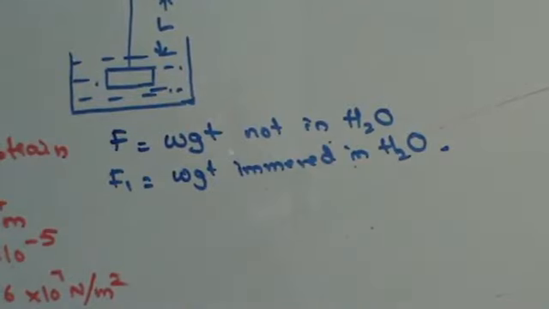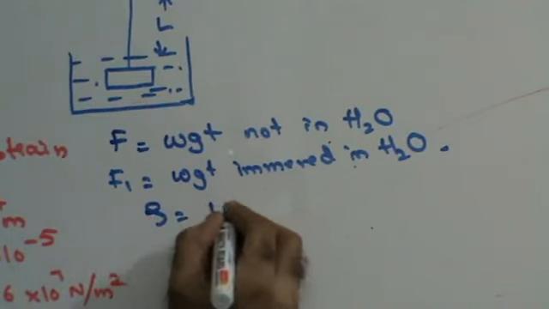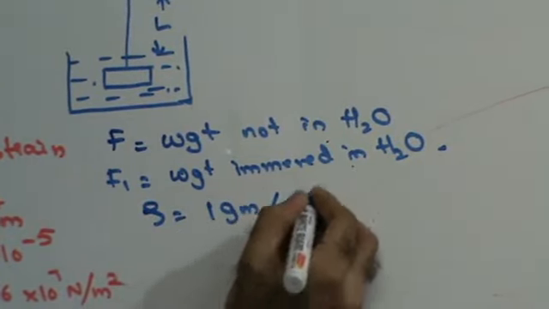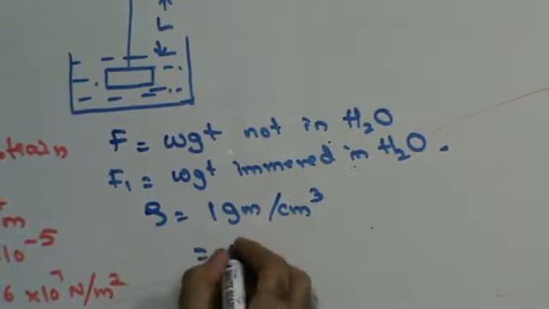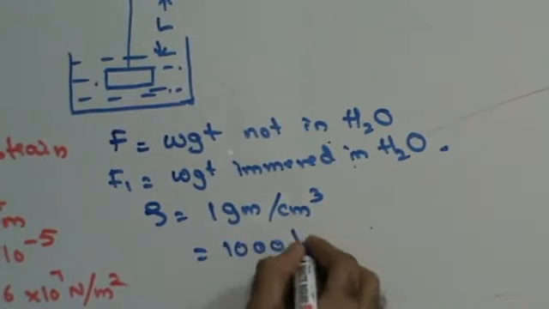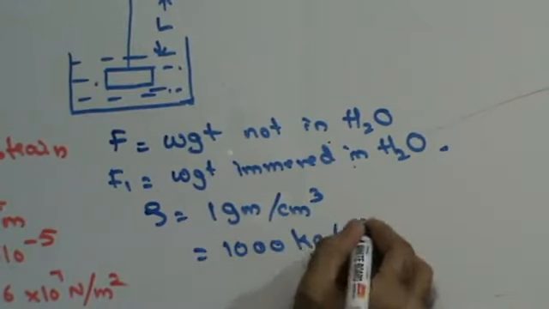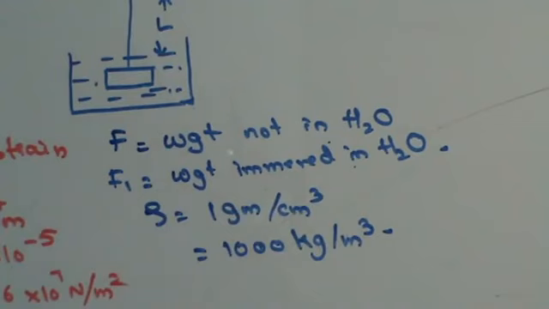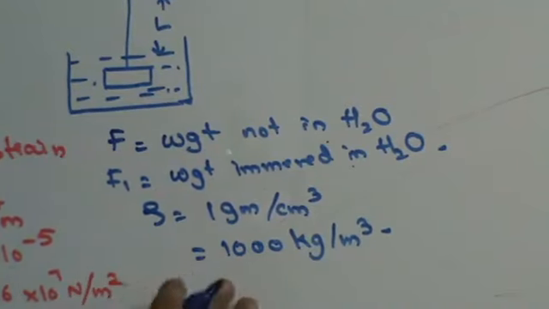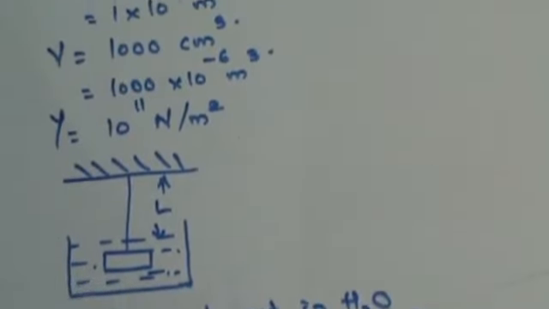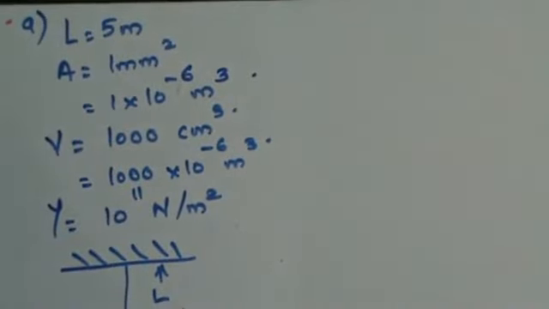We also know that density of water is 1 gram per centimeter cube, which is also equal to 1000 kgs per meter cube. The volume of the water displaced is 1000 centimeter cube, which we have already converted.